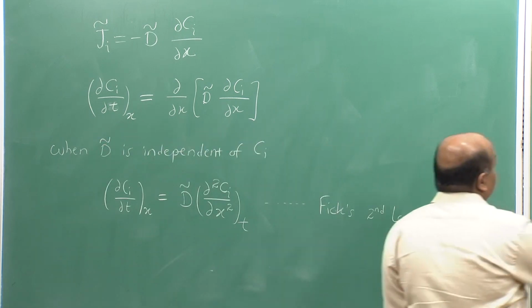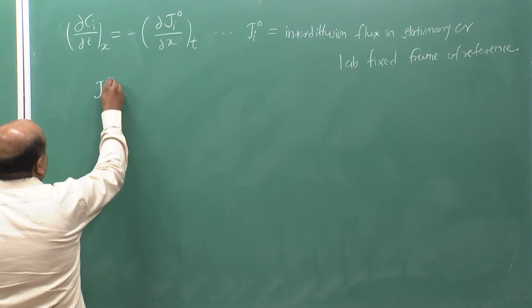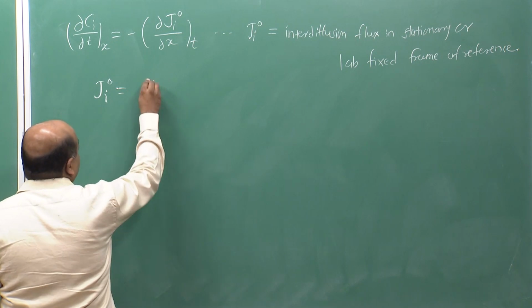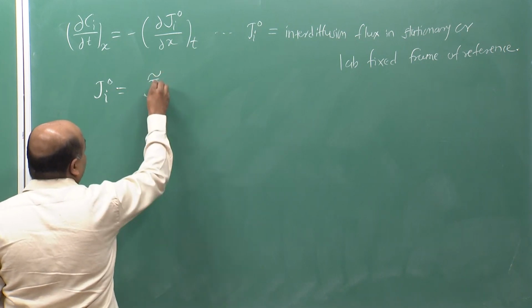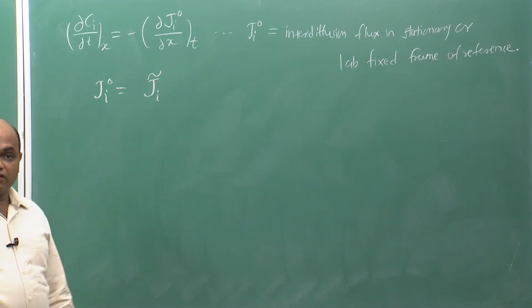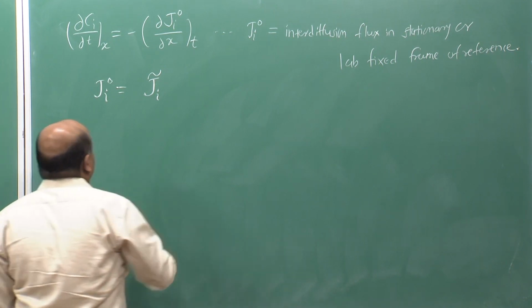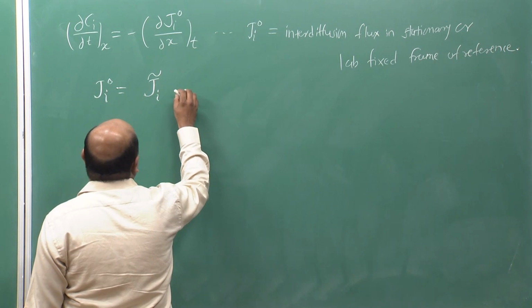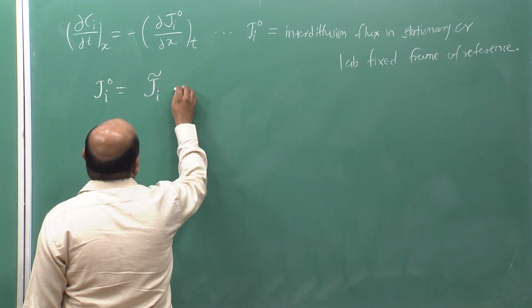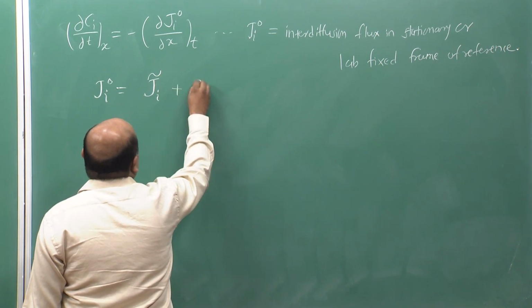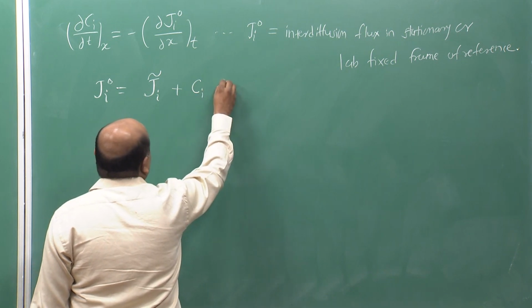Otherwise, we know Ji0 equal to Ji tilde, this is in volume fixed frame, plus Ci times uv.